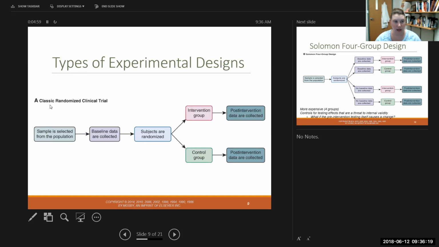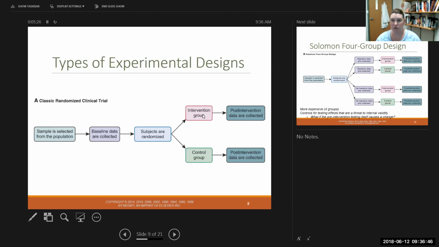This is, again, your classic randomized clinical trial. So this is a very similar one that you would typically see, where you have a sample that you're selecting from your population. I want to look at cancer patients, and so I'm going to select a sample of them. We're going to collect our baseline data, and then we're going to randomize our subjects into an intervention group and a control group.